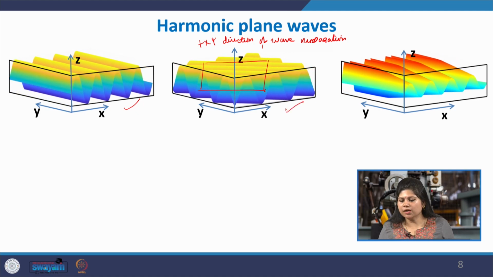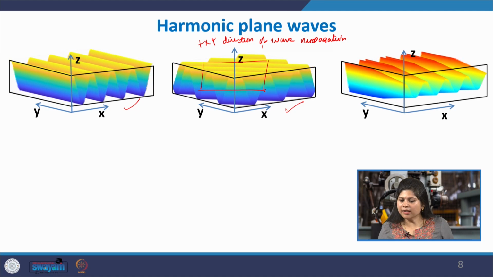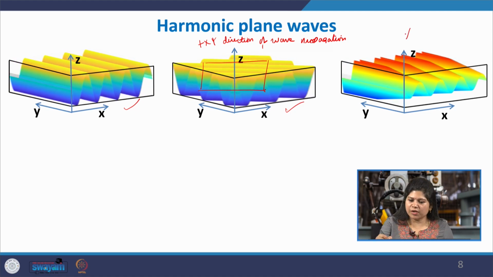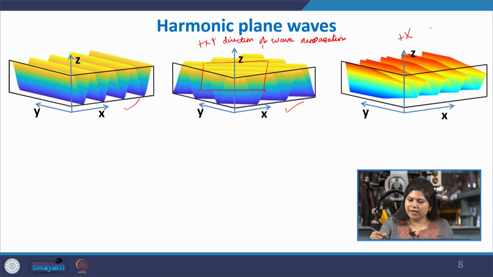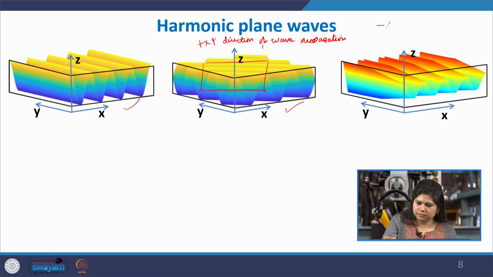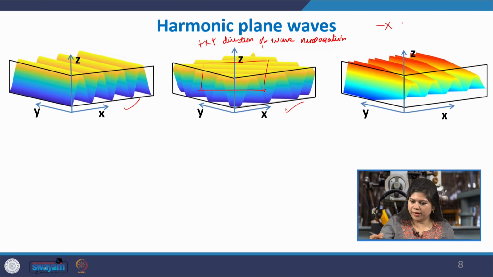But what about the third figure here? Here we again have a plane. What is the direction of propagation? It is the negative x, which is the direction of wave propagation. Fine.